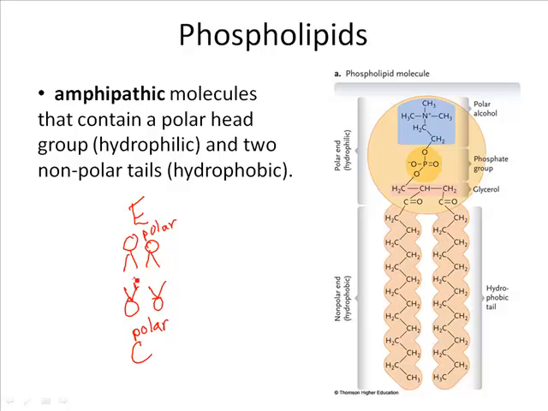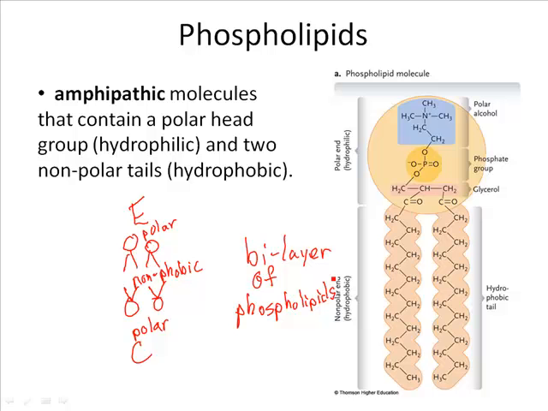And now you have these non-polar tails burying themselves in the center. So what we've created, rather than a single layer, is a bilayer of phospholipids when we construct a membrane.